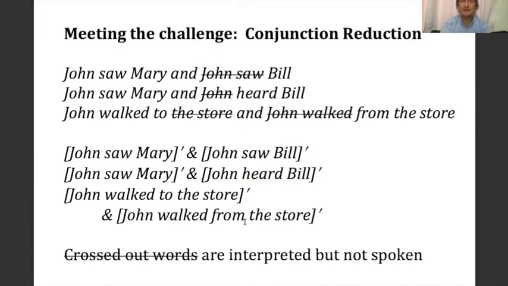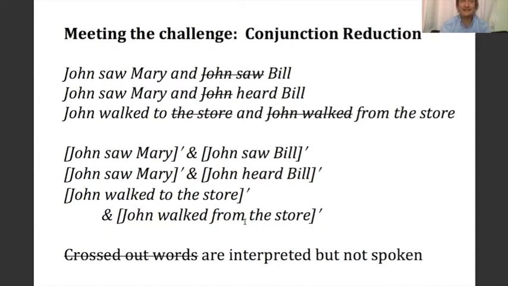The sentence "John saw Mary and Bill," for example, would have an extra piece to it: "John saw" in the second conjunct that's not being pronounced, but it is being interpreted. We indicate that with this crossing out. So the sentence is really "John saw Mary and John saw Bill," except that you don't even whisper the "John saw" the second time.